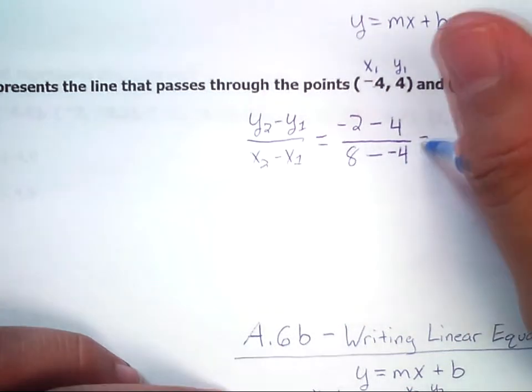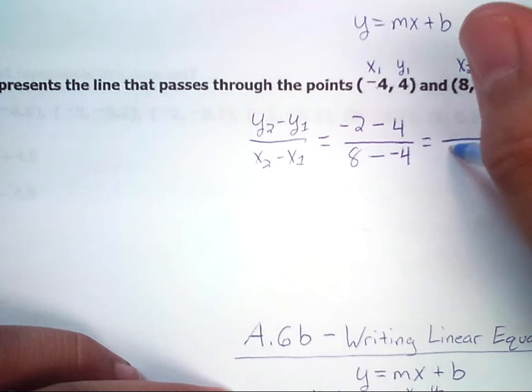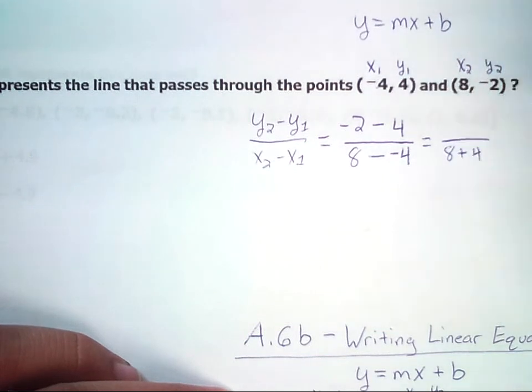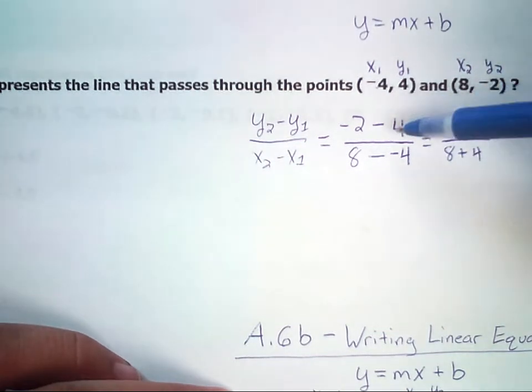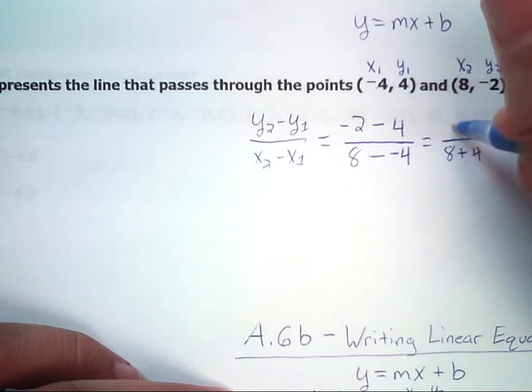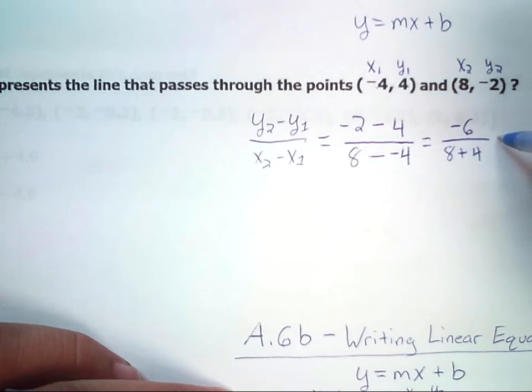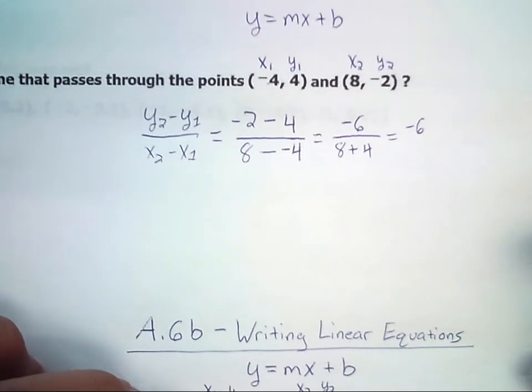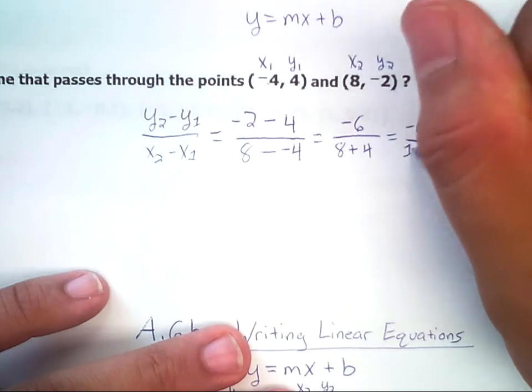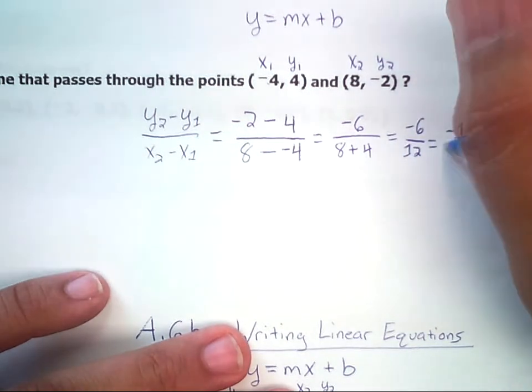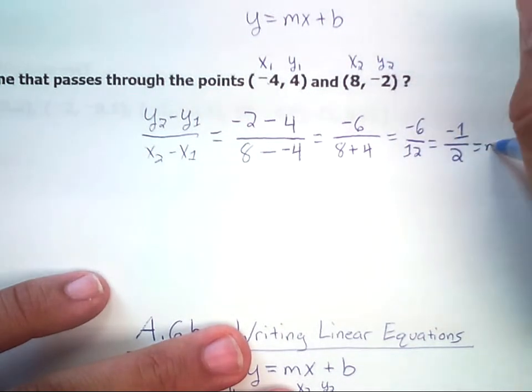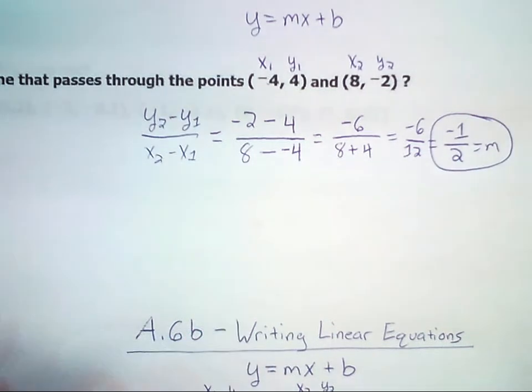And two negatives in math make a positive. On the top, negative 2 minus 4 is negative 6. On the bottom, that gives us 12, so when we clean this up, we end up with negative 1/2. So our slope is negative 1/2.